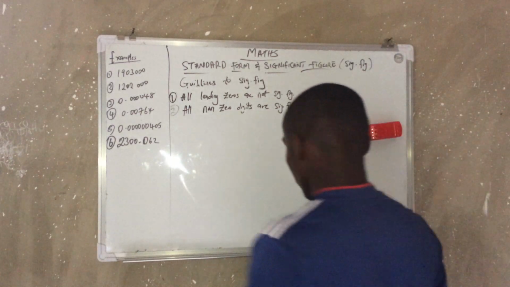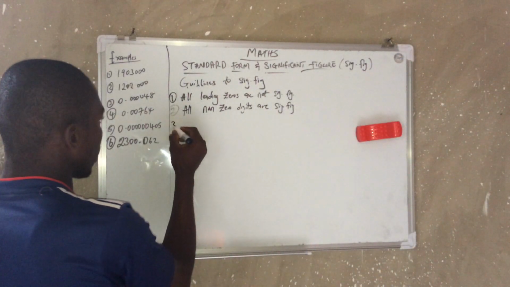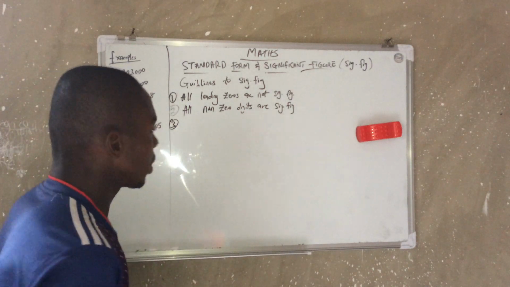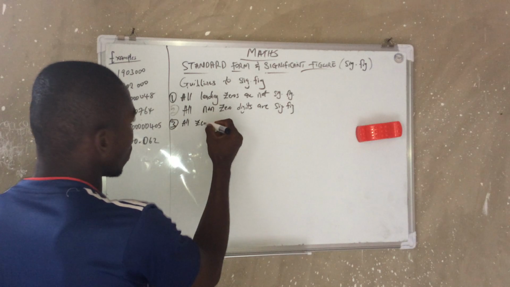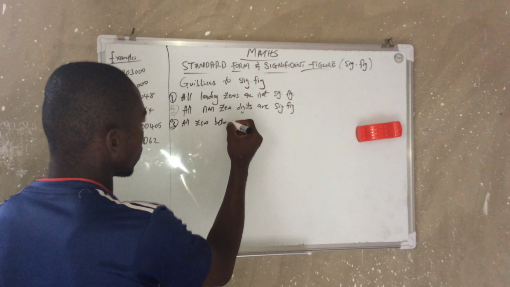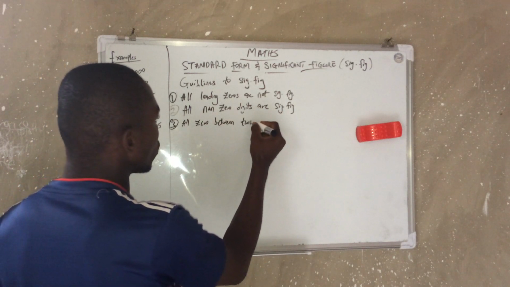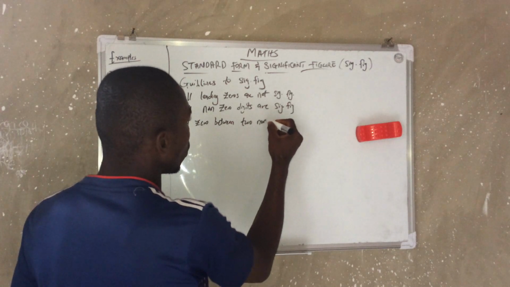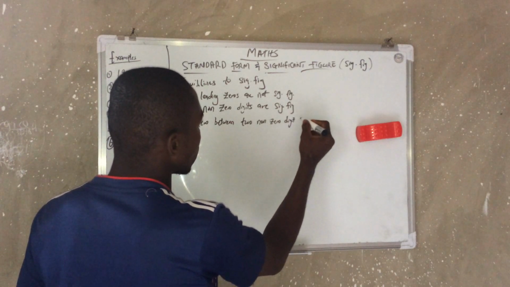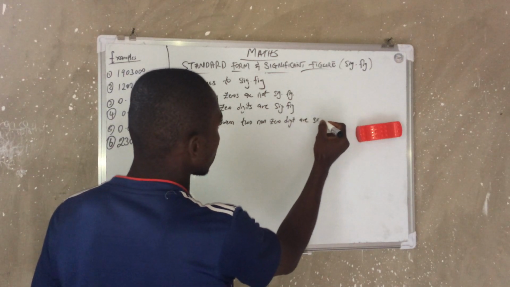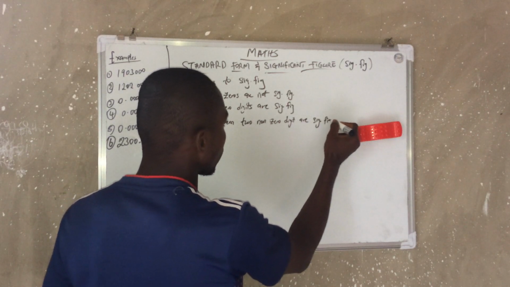So now we go over to the third guideline. The third guideline says that all zeros between two non-zero digits are significant figures.